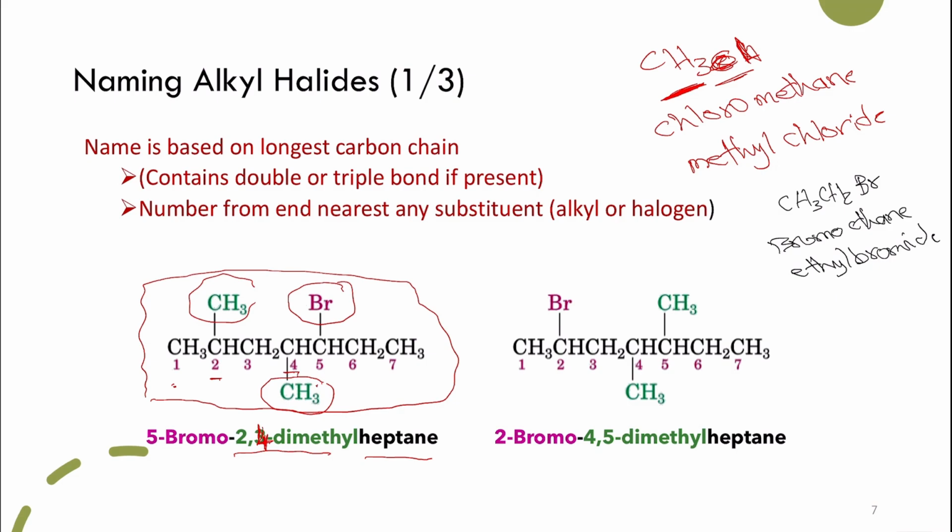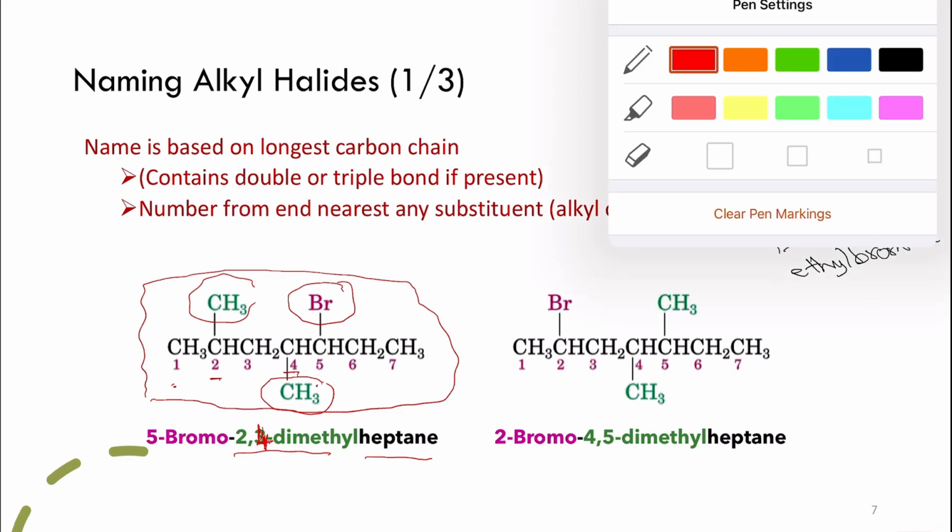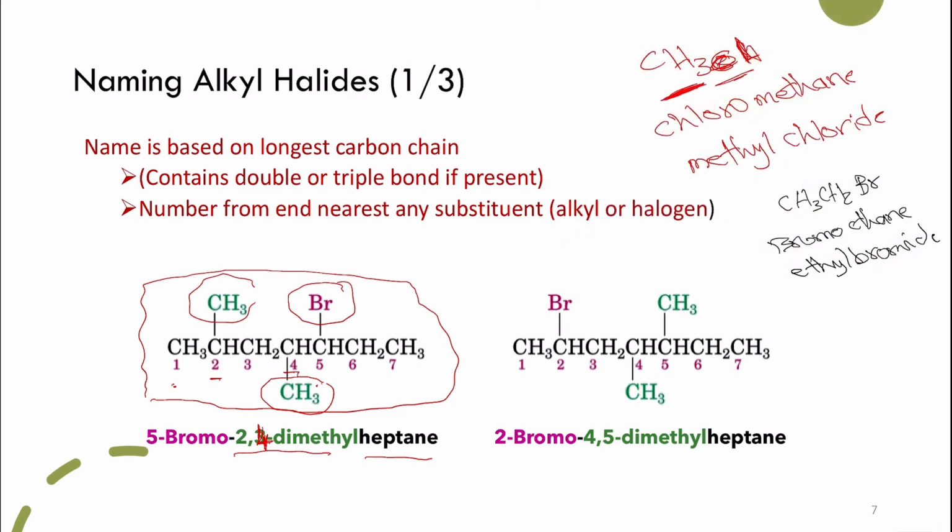If you number it from the other side, let's have a look at how it's going to look. Let's say we started off from here: 1, 2, 3, 4, 5, 6, and 7. Then you will see that there is 3-bromo, and then 4,6-dimethylheptane.